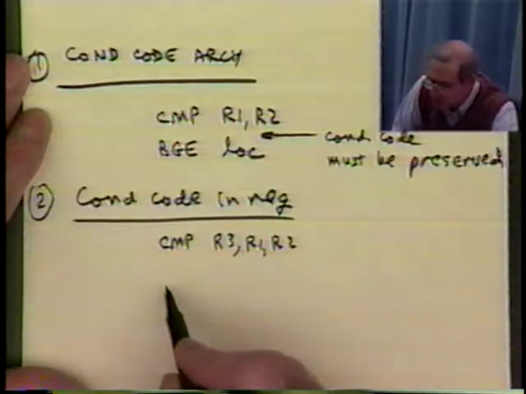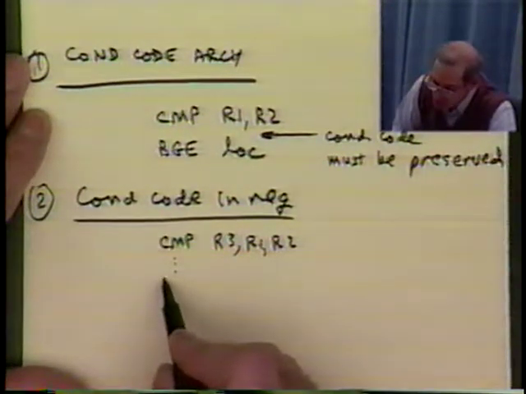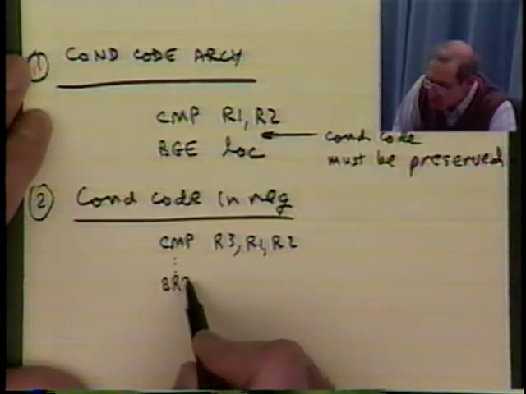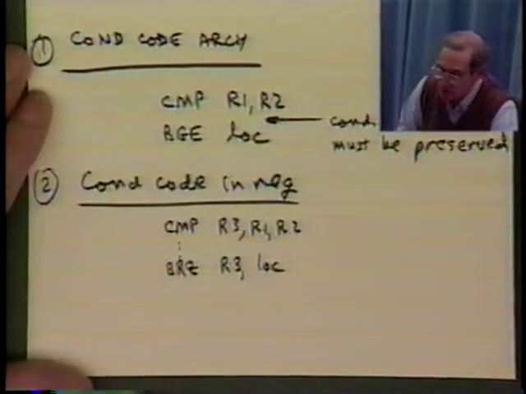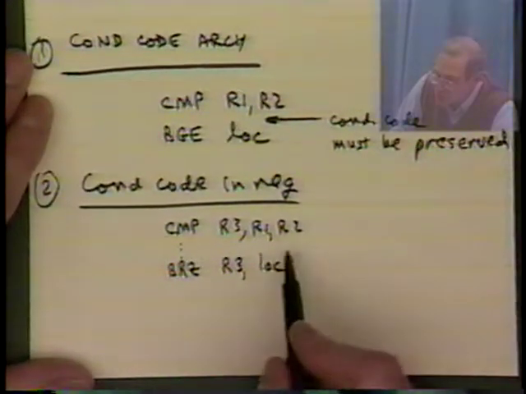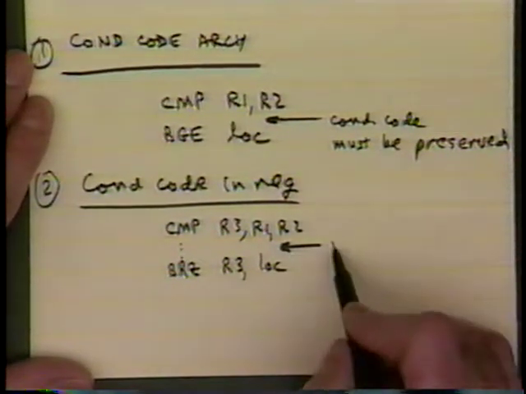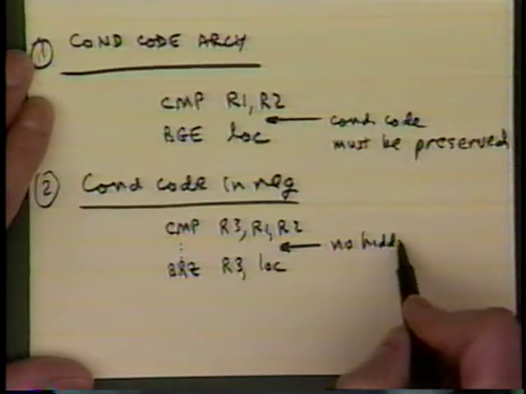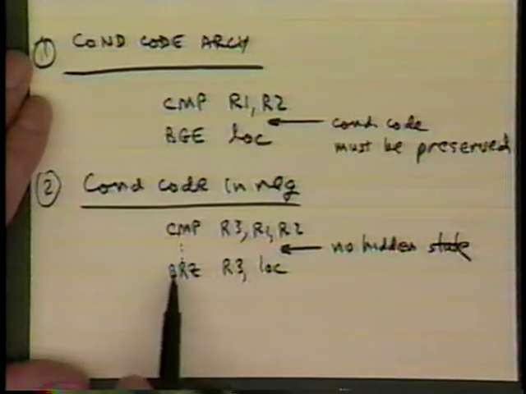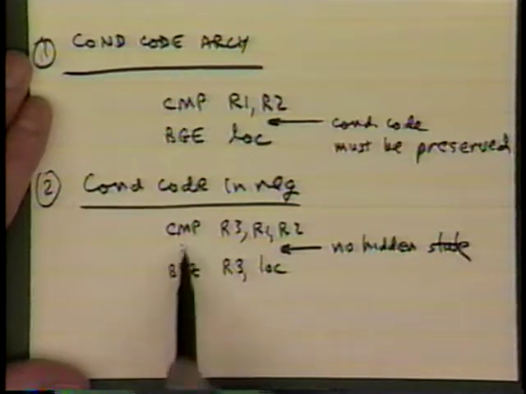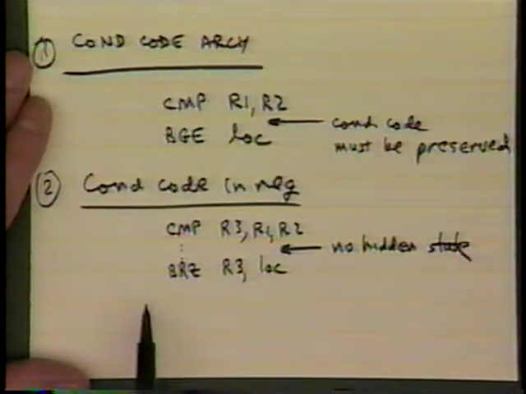And then sometime later, or in the following instruction, you could say, branch if register 3 is 0 to whatever location. Notice that there's no hidden state information in between these two instructions, which allows the compiler to schedule other instructions within there that don't affect the sequence of the compare and the branch.